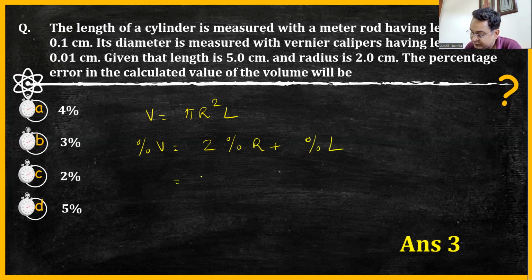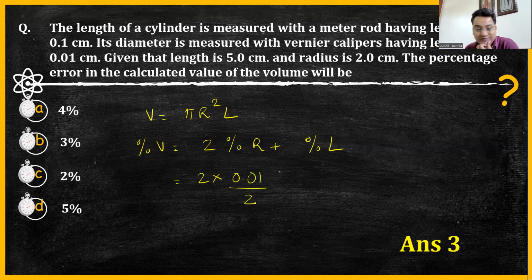So this will be 2 multiplied by the percentage error, where the least count is 0.01 centimeter, so 0.01 divided by 2, plus the percentage error 0.1 divided by 5.